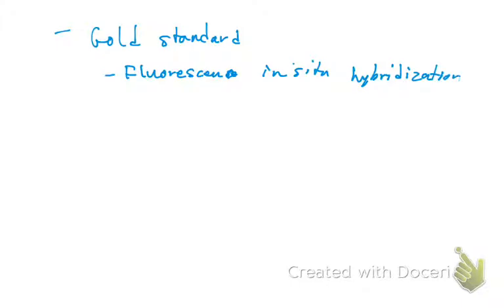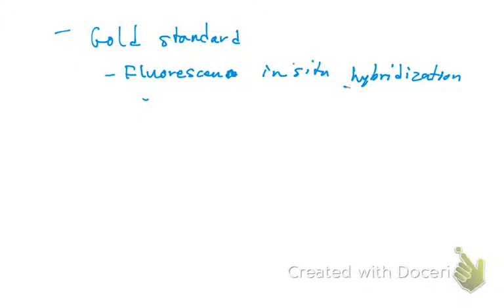Why would we do this? In this fluorescent in situ hybridization, the genes of interest are hybridized with a fluorescent label in the DNA probe.